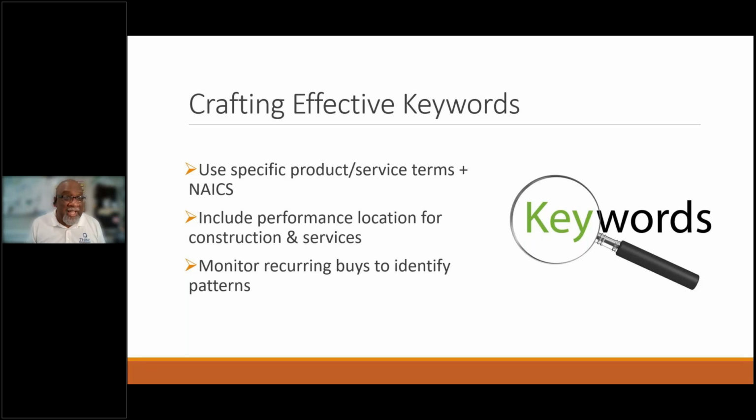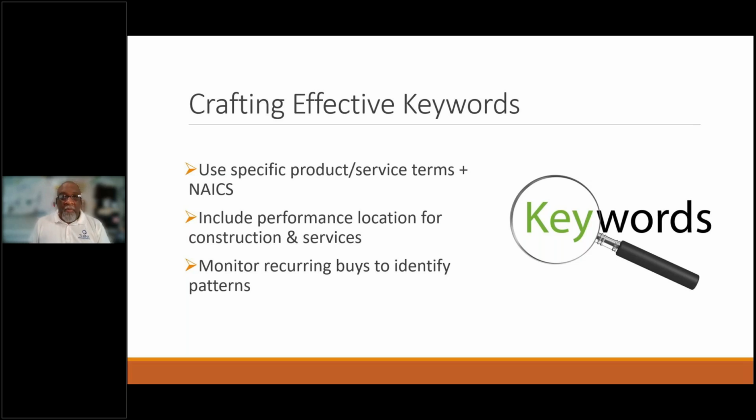It's a rarity that a 5-year contract for just about anything is $250,000 or less. So if it's 1 year activity and they awarded it last fiscal year's fourth quarter, guess what? There's an opportunity for it to be renewed in this year's fourth quarter, 12 months later. That's how you use the data to help you identify not only your keywords, but position and market yourself effectively in the marketplace to be seen when the government is looking.